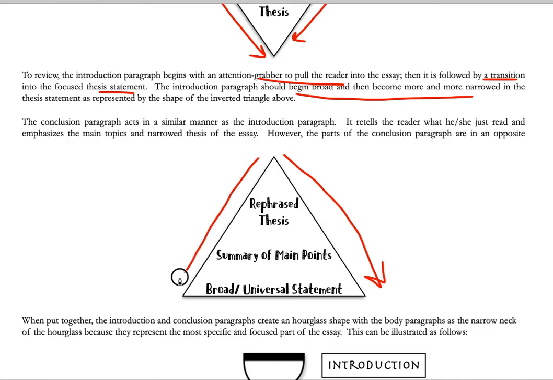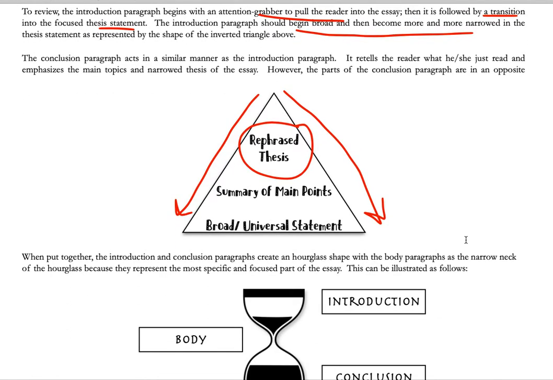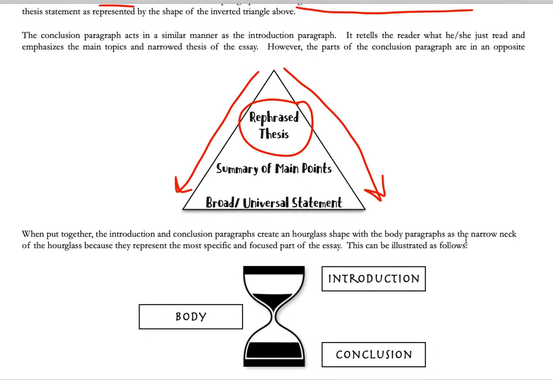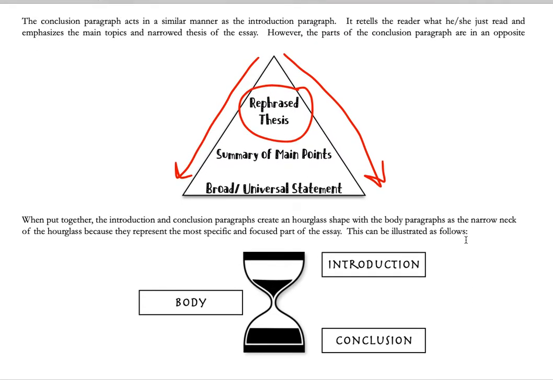I want you to also understand and note that the rephrased thesis is not a repeated thesis. You are presenting your main argument again, but you are not just repeating your thesis. Your conclusion also has a summary of the main points and then a broad or universal statement.